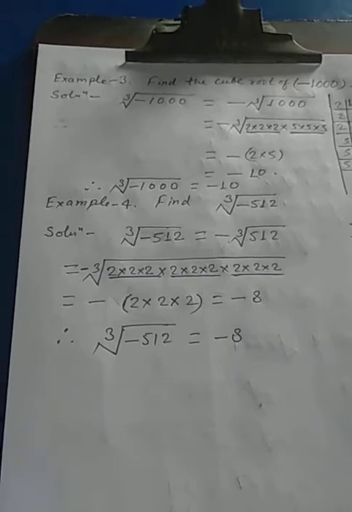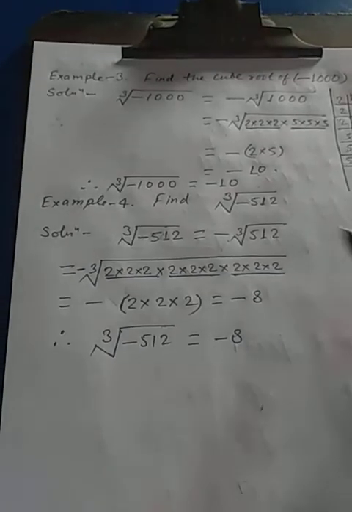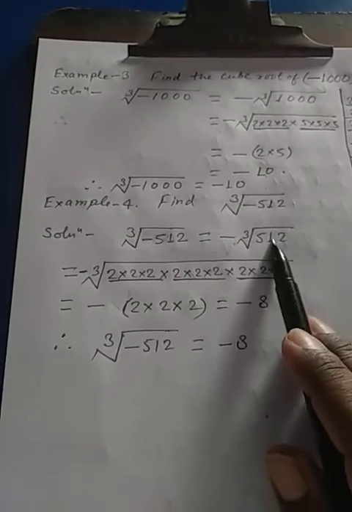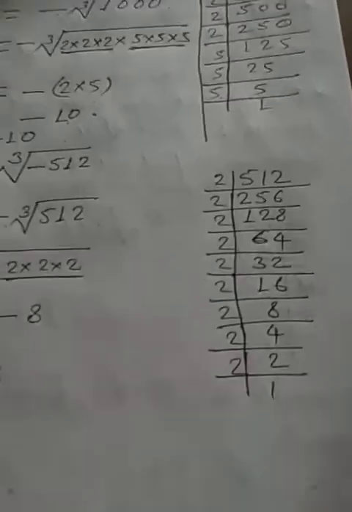Now I am finding the prime factorization of 512. Dividing by 2 repeatedly: 256, 128, 64, 32, 16, 8, 4, 2, 1.